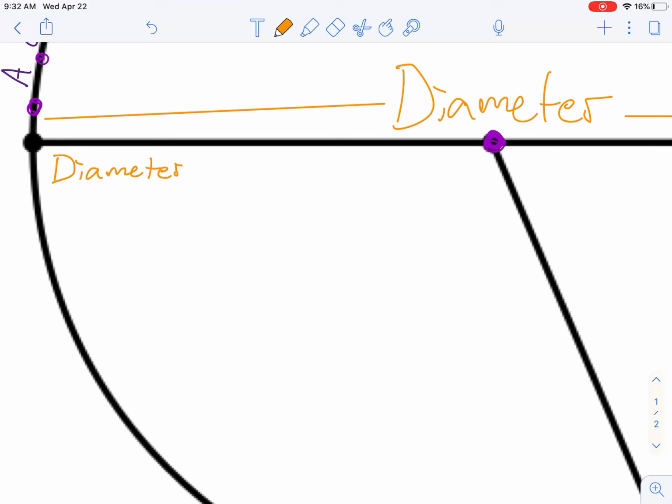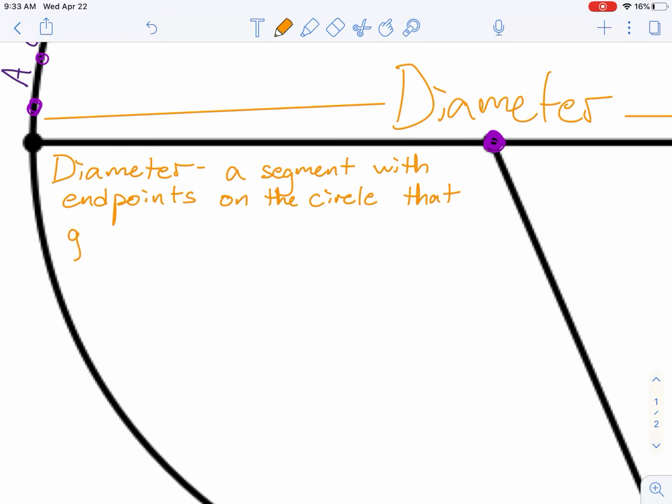So diameter is a segment with endpoints on the circle that goes through the center.